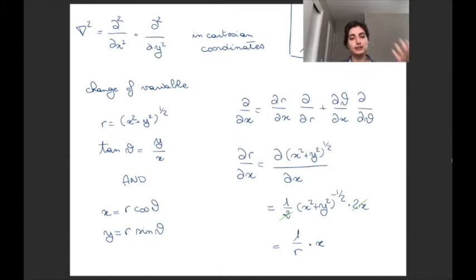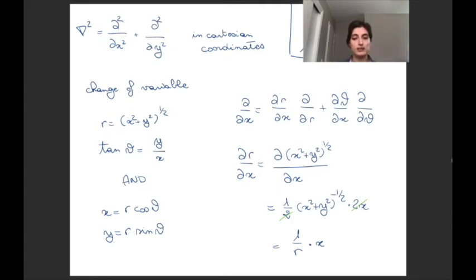So we write delta over delta x being equal to delta r over delta x times delta over delta r plus delta theta over delta x times delta over delta theta. So now we're left with solving delta r over delta x and delta theta over delta x, but we have the formulas of both r and theta with respect to x and y, so we can solve that.